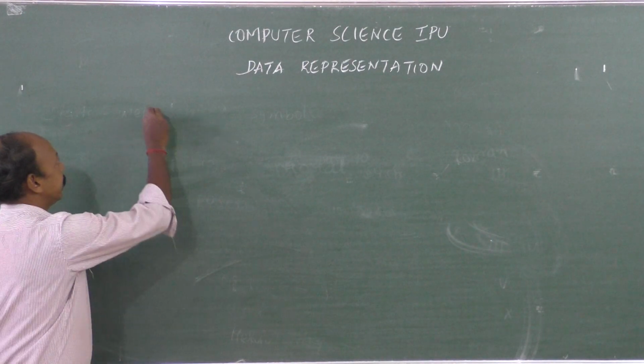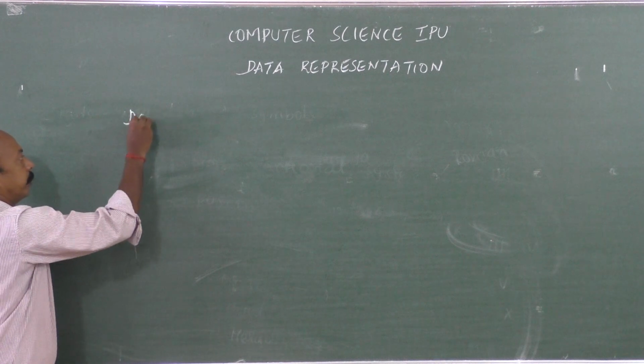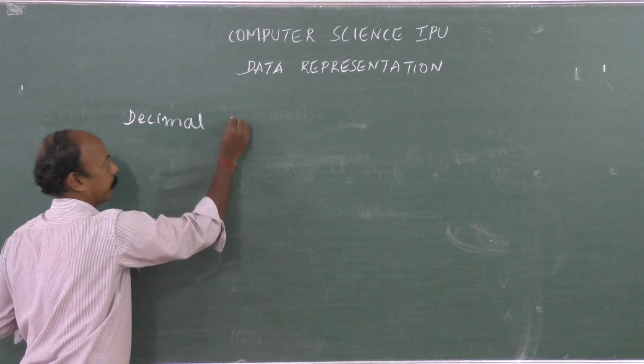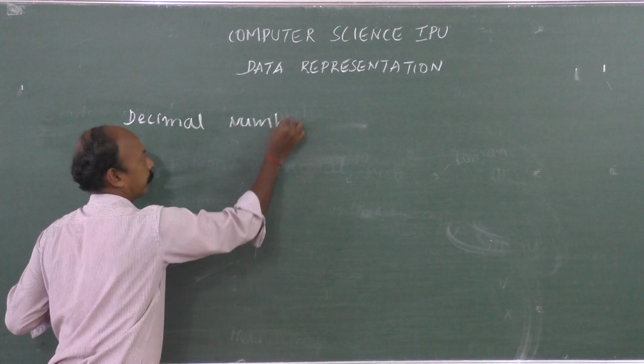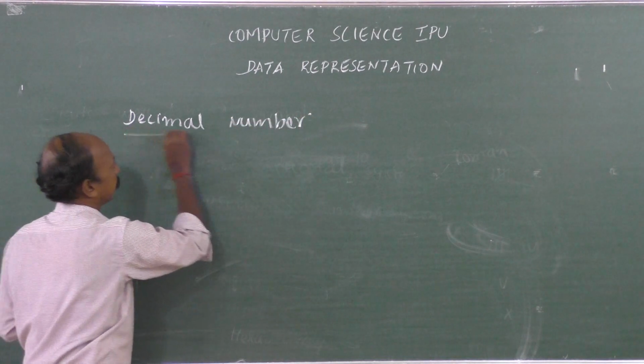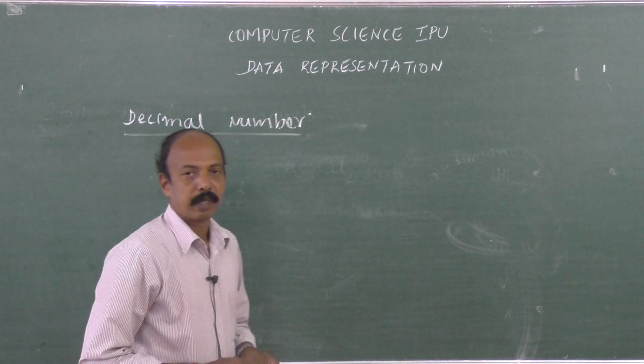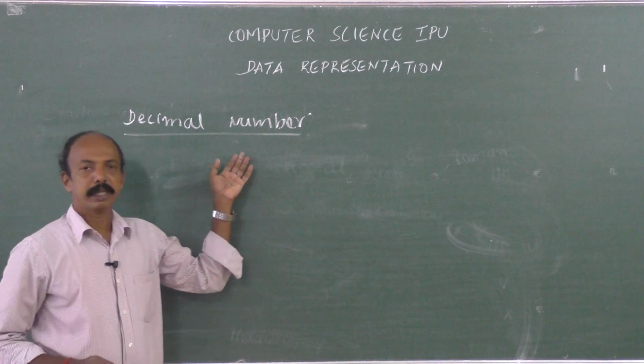The first one is the decimal number system. So what is the decimal number system? We are familiar with it.